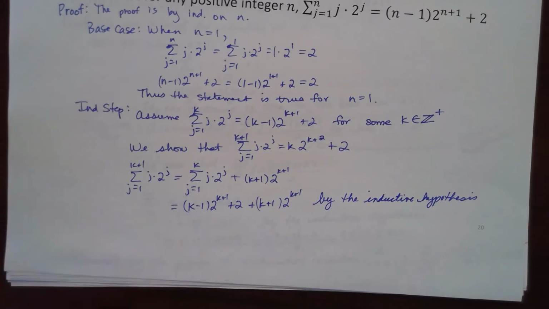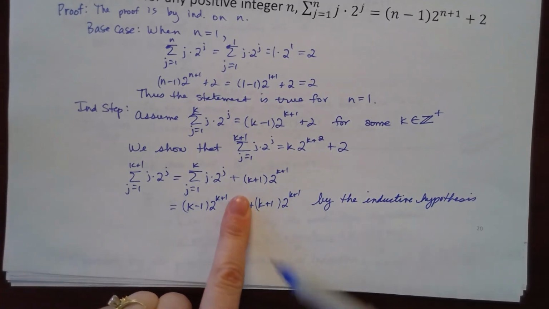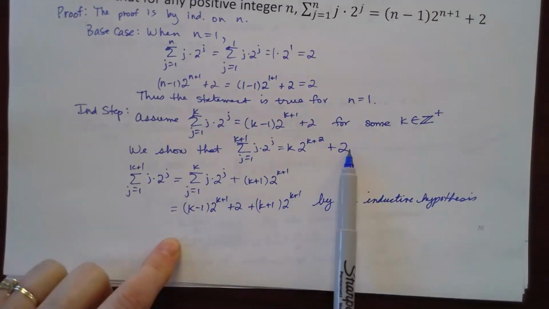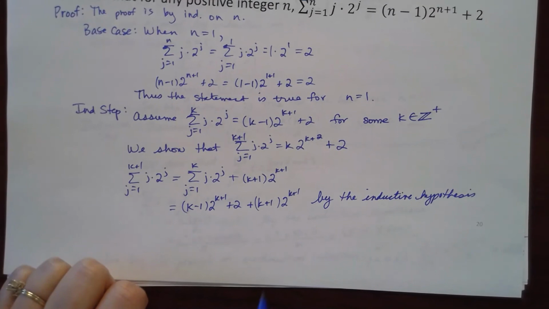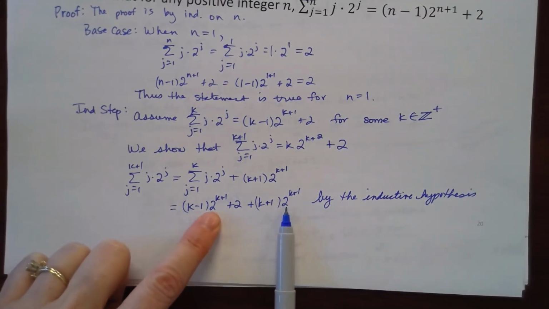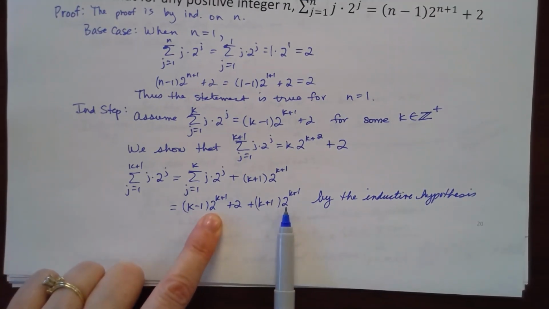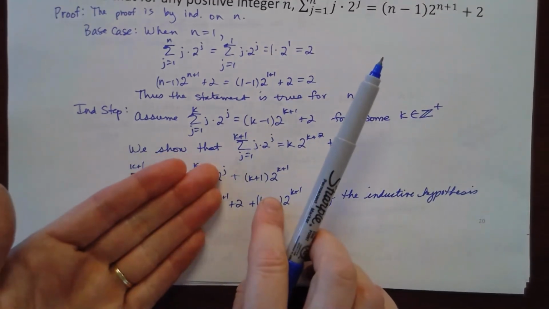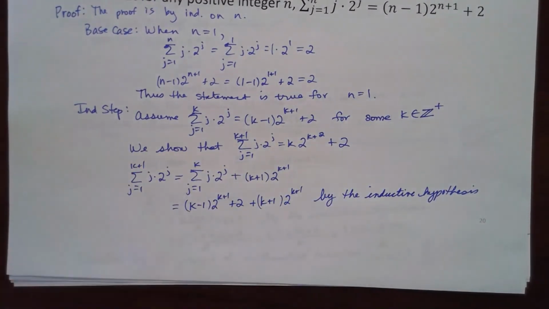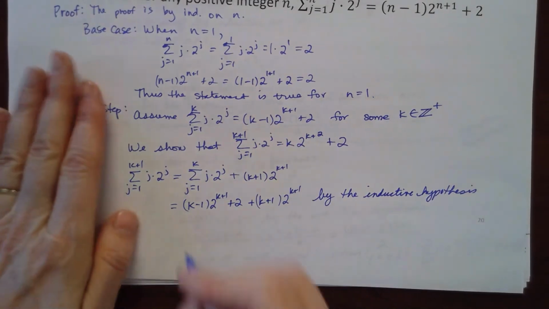So we might want to think about this 2 and these two terms, hopefully this 2 is going to be that, and the rest of this stuff is going to turn into that. What I see is I've got this common factor of 2 to the k plus 1. So let's factor that 2 to the k plus 1 out of these two and rewrite that, and just let that little plus 2 be on the end by itself.